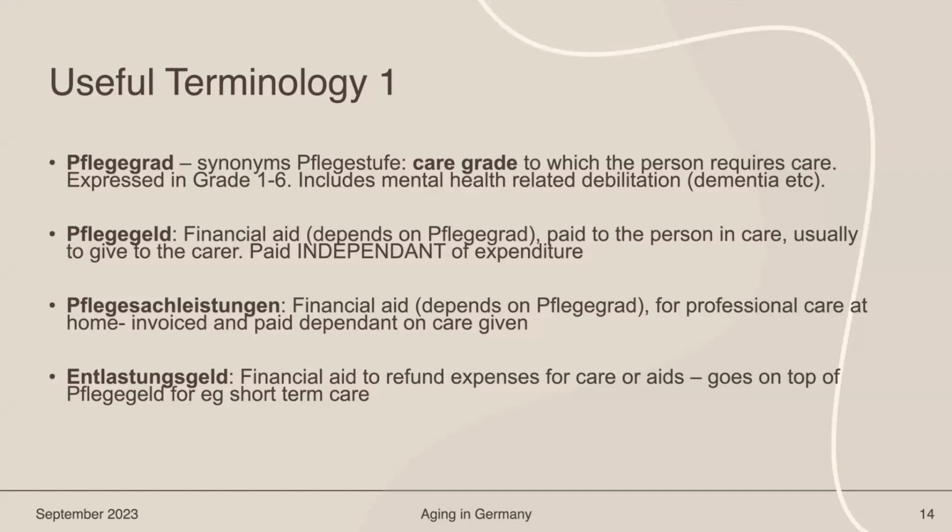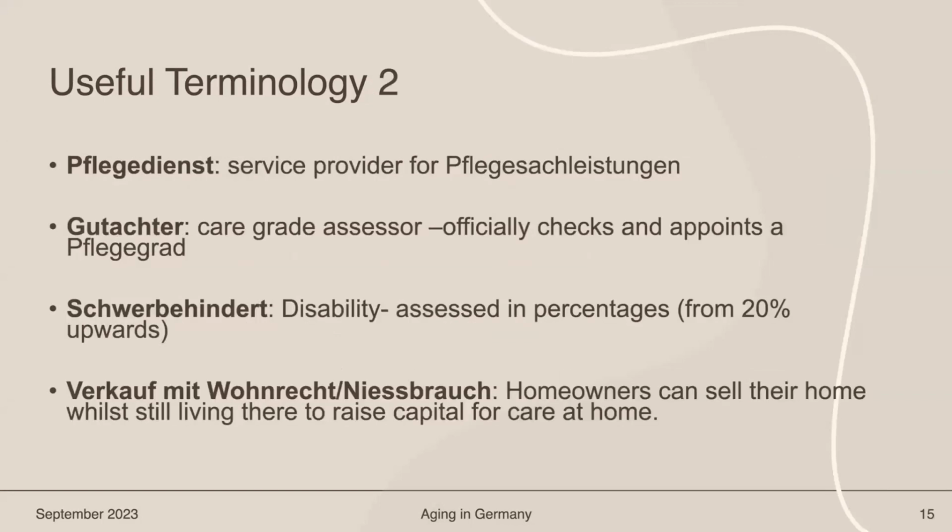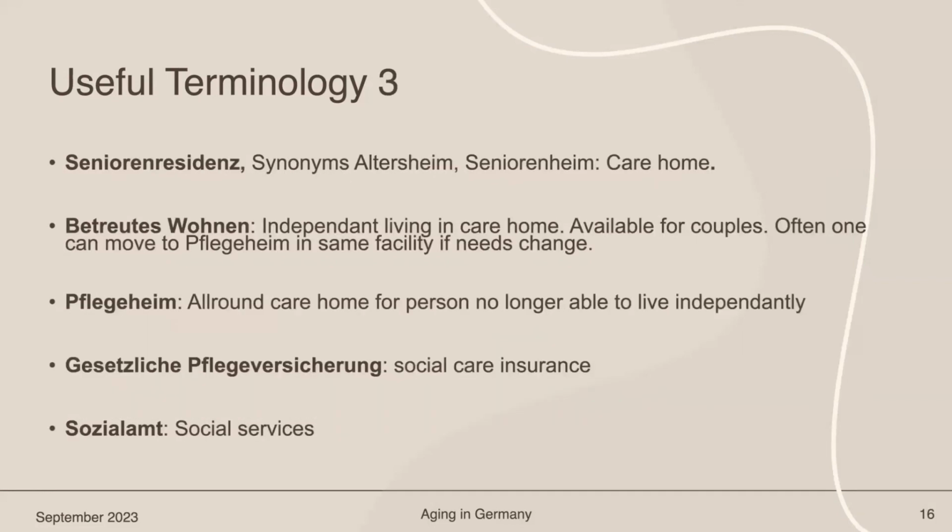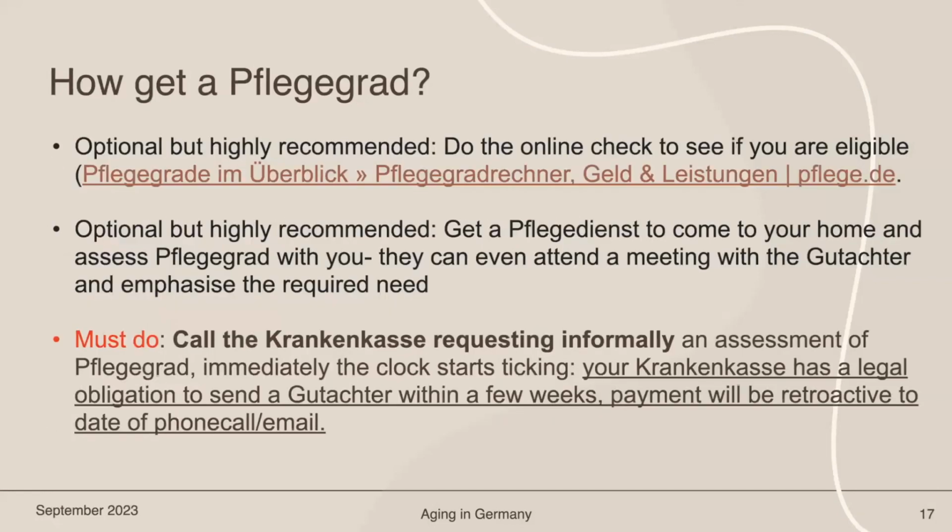But here are the explanations of what they are. Pflegegrad, Pflegegeld, Pflegesachleistung, Entlastungsgeld. It sounds a bit of a maze when you just hear me talk about them, but here you can read up from slide 14 to slide 19. On 19, you can read up in peace and quiet about what these things all mean, and what am I even talking about exactly.